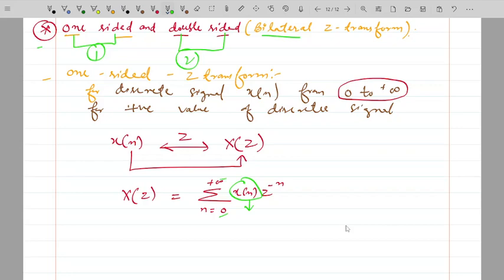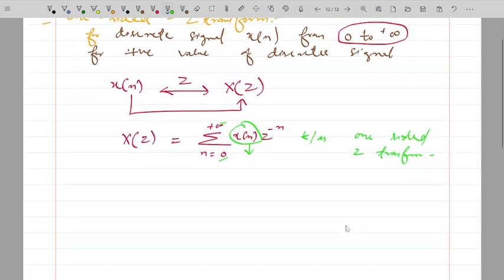These discrete values can be transformed or analyzed with the help of the single-sided Z transform. So this is known as the one-sided, or single-sided, Z transform.